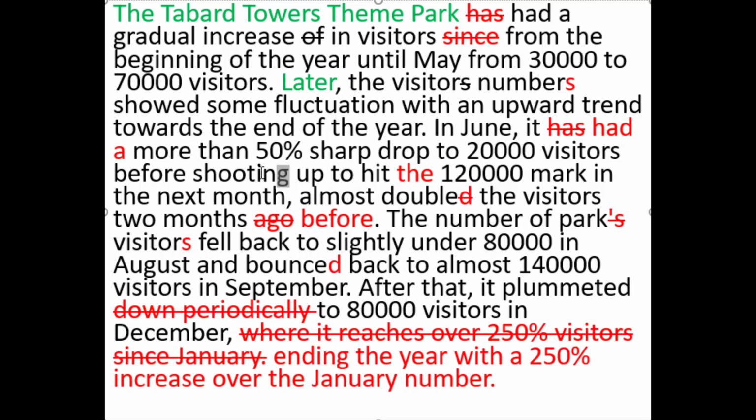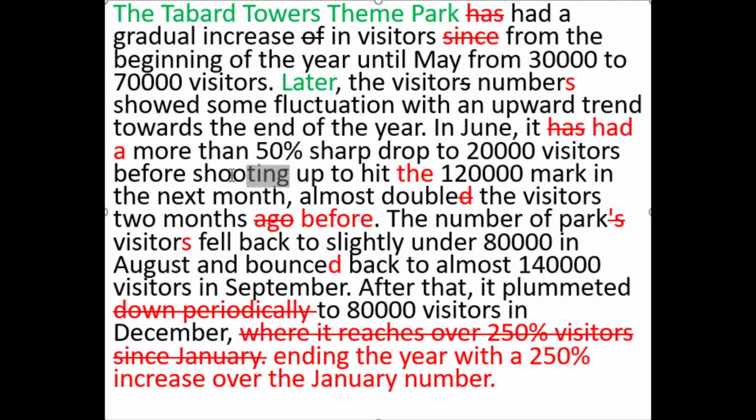Oh, here he said it had a more than 50% sharp drop to 20,000 visitors before shooting up. So this second verb, which also happened to the same subject, here's the first verb.